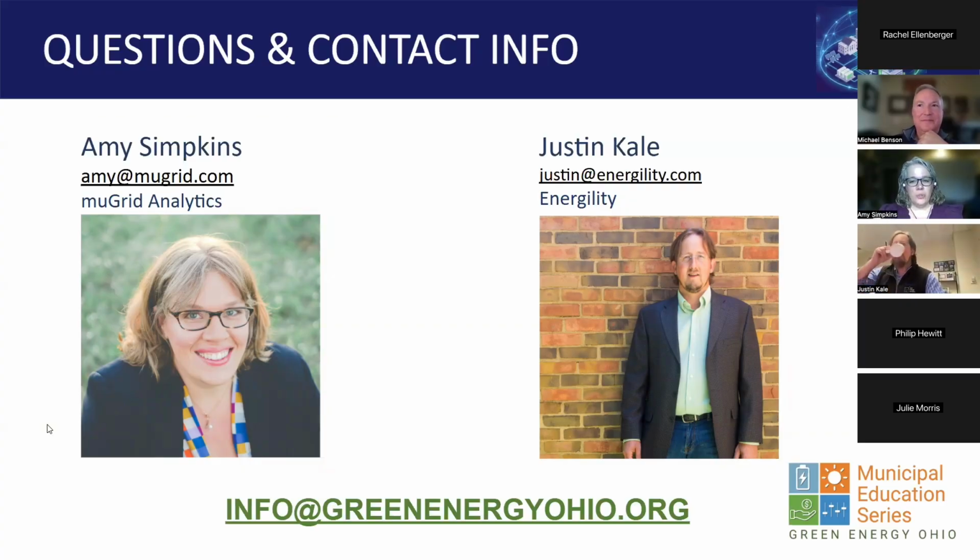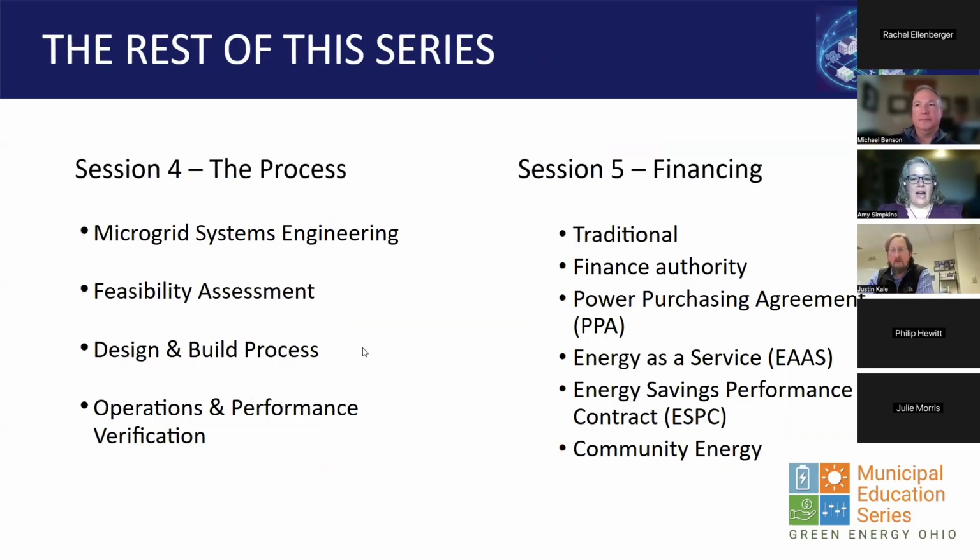But I want to get to Julie's question in the chat about these projects being behind the meter. What needs to happen to drive dispatch at an ISO level? What we usually say here at Mugrid is that the utilities should be aligning their rate tariff with the behavior they want to see. They should be incentivizing, and that's true.